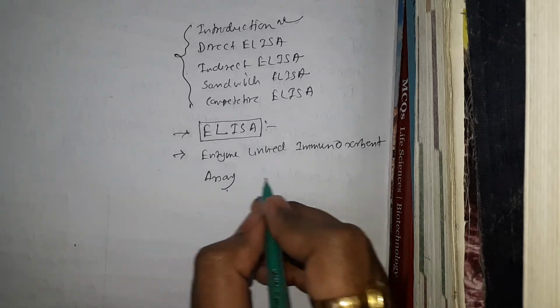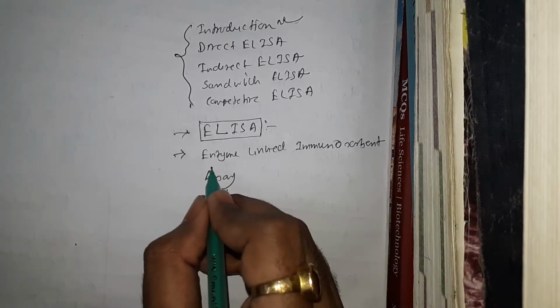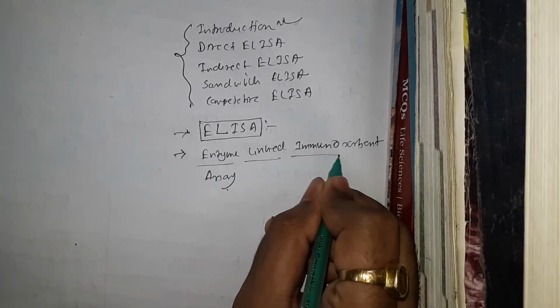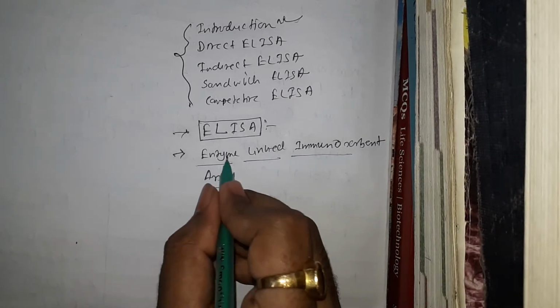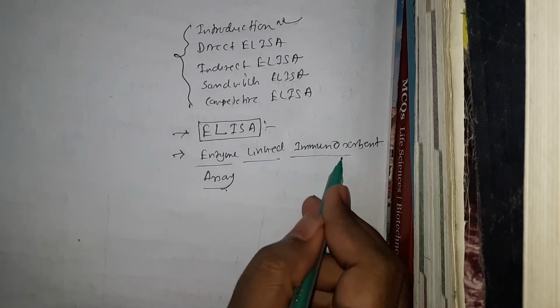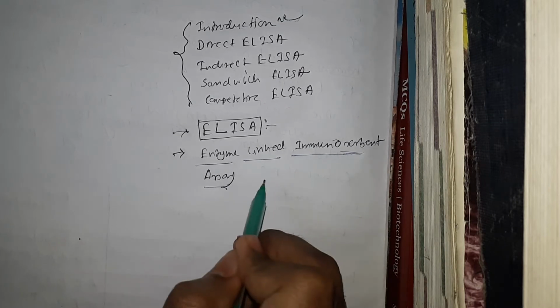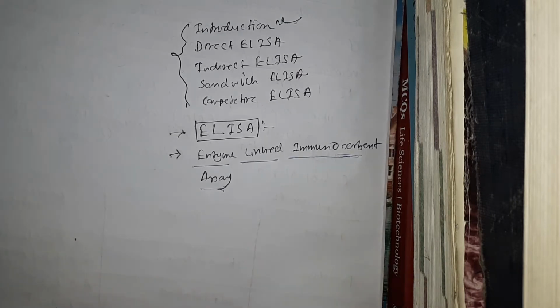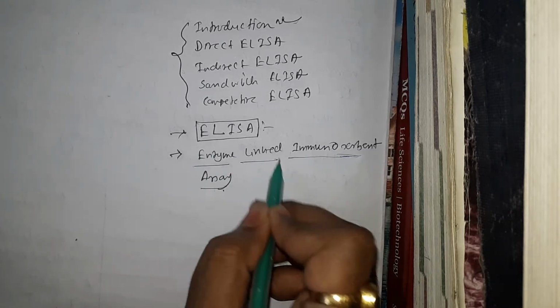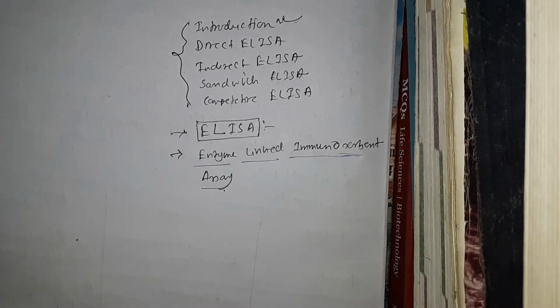That means we are going to use an enzyme linked molecule to detect an immunocomponent that is sorbent, that means adhered on a solid support. We are going to detect that with the help of an enzyme linked molecule. That is what ELISA is.